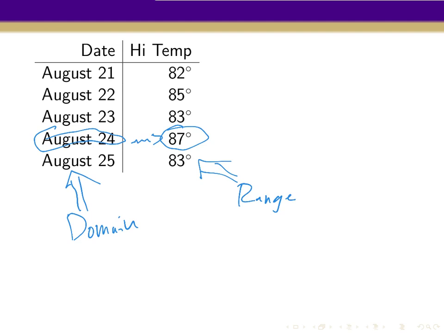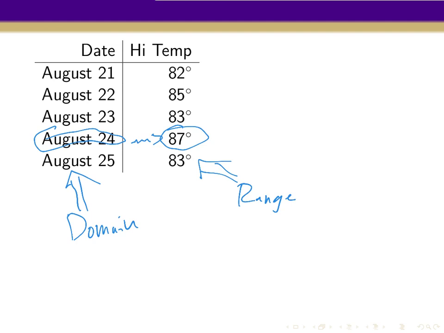Okay, now could we think about this backwards, flipping the high temps and dates? Can we think about the high temps as representing the domain and the dates representing the range for a function? If we plug in a high temp, will there be one date and only one date associated to that?